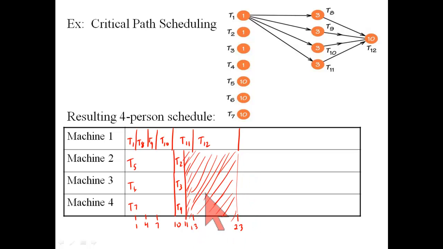Notice all of this idle time. This job will be completed in 23 minutes then, but it looks like a fairly inefficient schedule. This is the schedule that resulted from critical path scheduling, completion time 23.